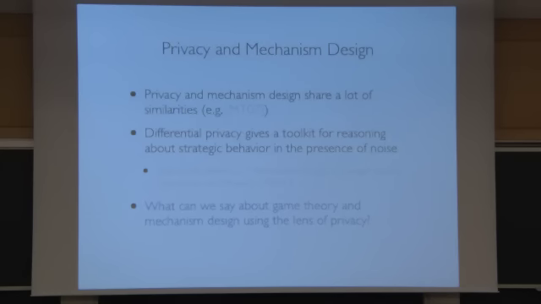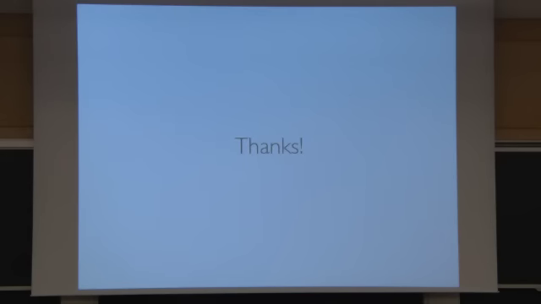And I think this is an interesting question that I'd like to look more into: what can techniques from differential privacy say about other problems? I think the way that differential privacy deals with understanding noisy systems is a generally useful thing, and we've built up a lot of tools that I think can do a lot of other things outside of privacy. Okay, so I will stop here, and thanks very much for listening.